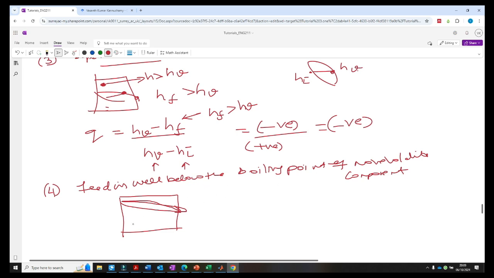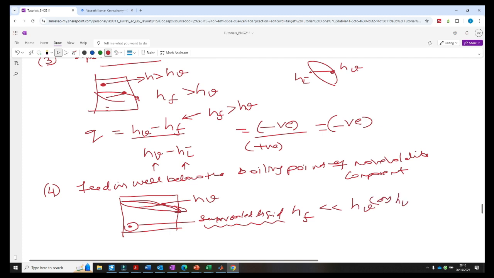Well below the boiling point of the more volatile component, this is somewhere around here, this point. So this is a subcooled liquid, or supercooled liquid. If your feed is a supercooled liquid, then HF is definitely much lower than, say, draw a tie line here, the saturated vapor enthalpy, which is HV or HV dash. Remember we assumed H suffix V is approximately equal to HV dash.